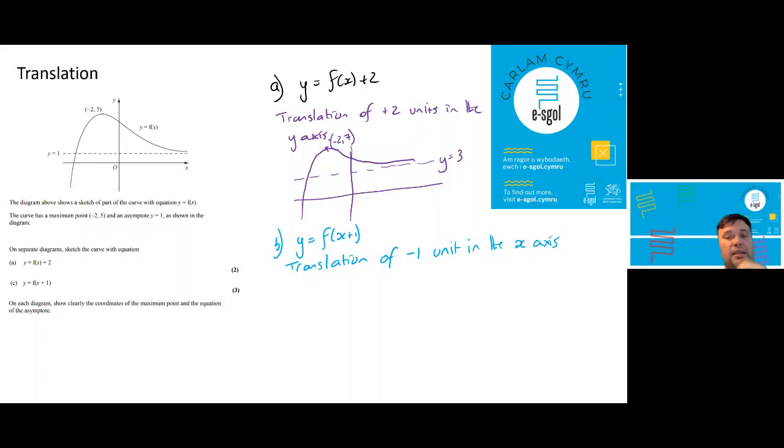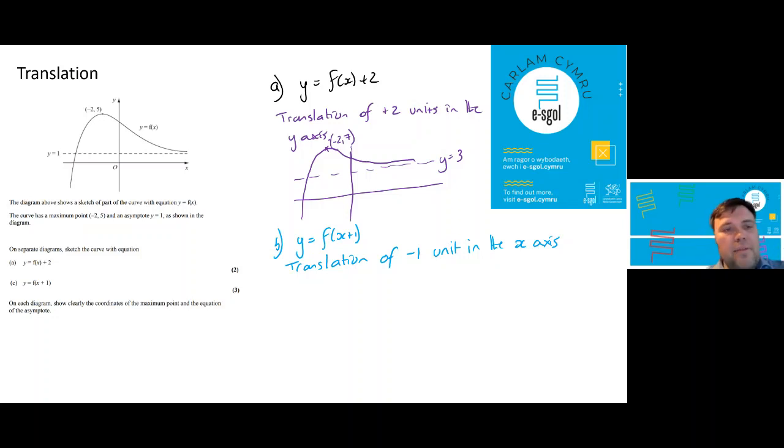So if it's inside the bracket or inside the function, it moves along the x-axis, but it moves the opposite way that you would expect. Plus goes left in the minus region, minus goes right in the positive region. Whereas for translation in the y-axis, it goes the way it says. Positive moves up, negative moves down.